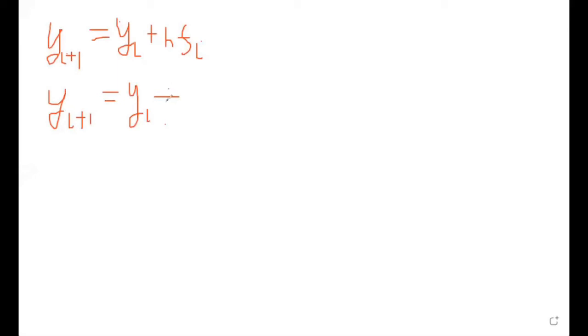In the first case, the unknown is sitting on the left hand side and everything known is on the right hand side. So that's why this formula is known as the explicit Euler method.